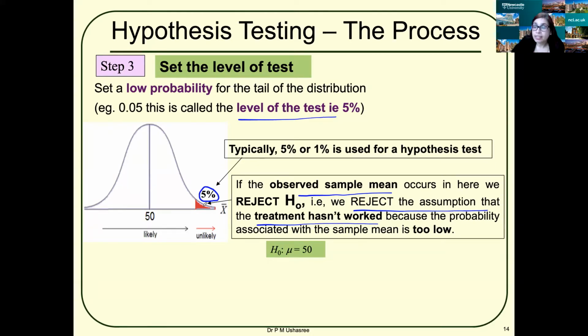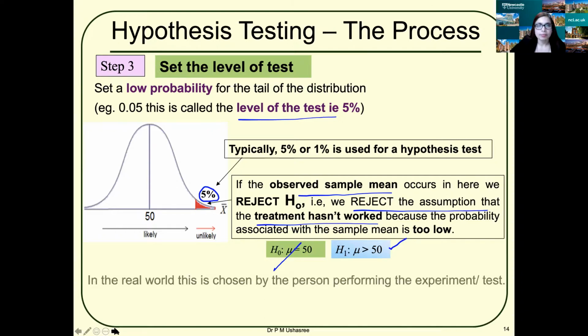So we reject the null hypothesis and we accept the alternative hypothesis. That is, the plant feed has worked. Okay. So in the real world, this level of test is chosen by the person who is performing the experiment.